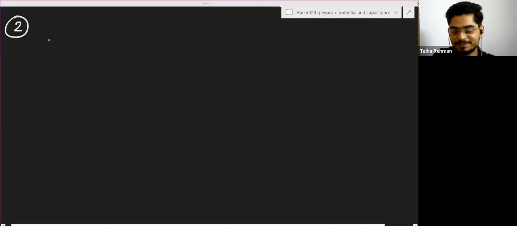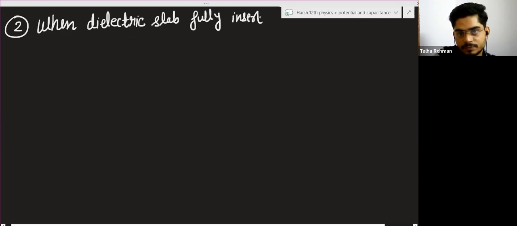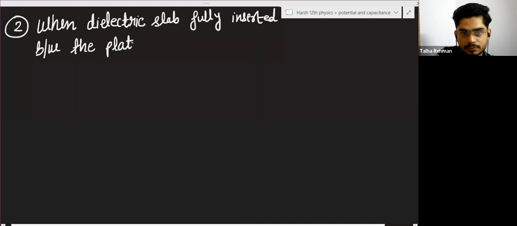Okay. So, when a dielectric slab is fully inserted between the plates and the battery remains connected.